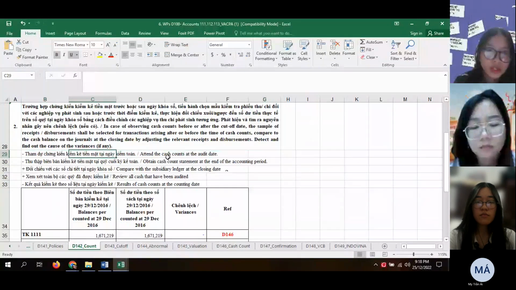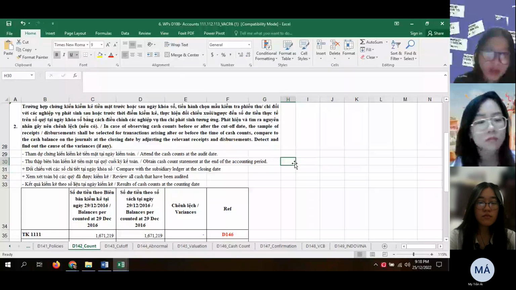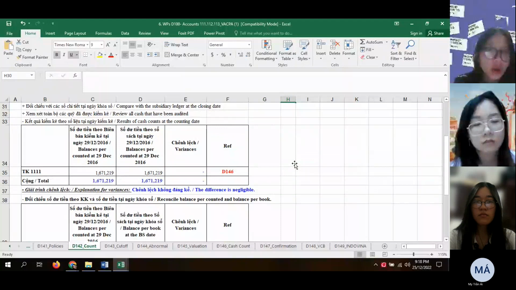We have attended the cash count at the audit day and obtained the cash count statement at the end of the accounting period. We'll compare with the subsidiary ledger at the closing day, review the cash that has been audited, and the result of the cash count at the accounting day.